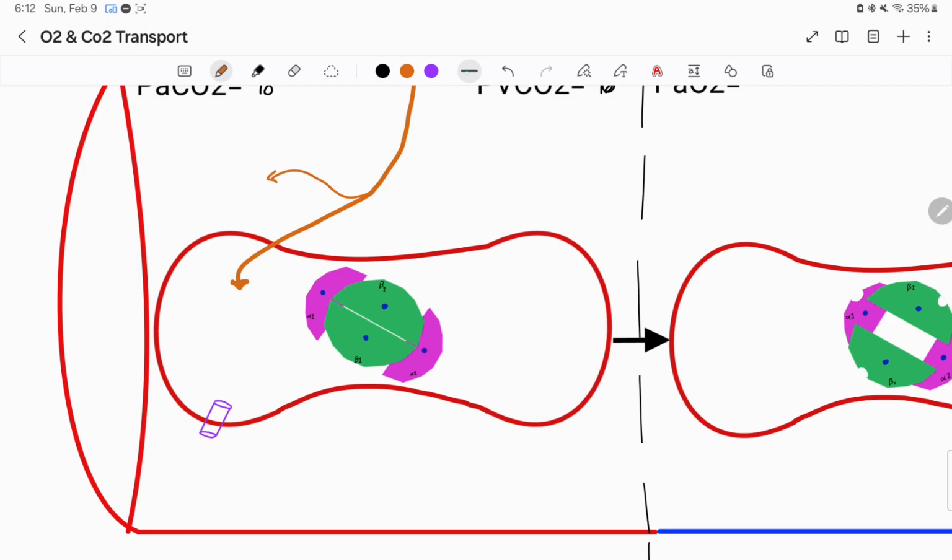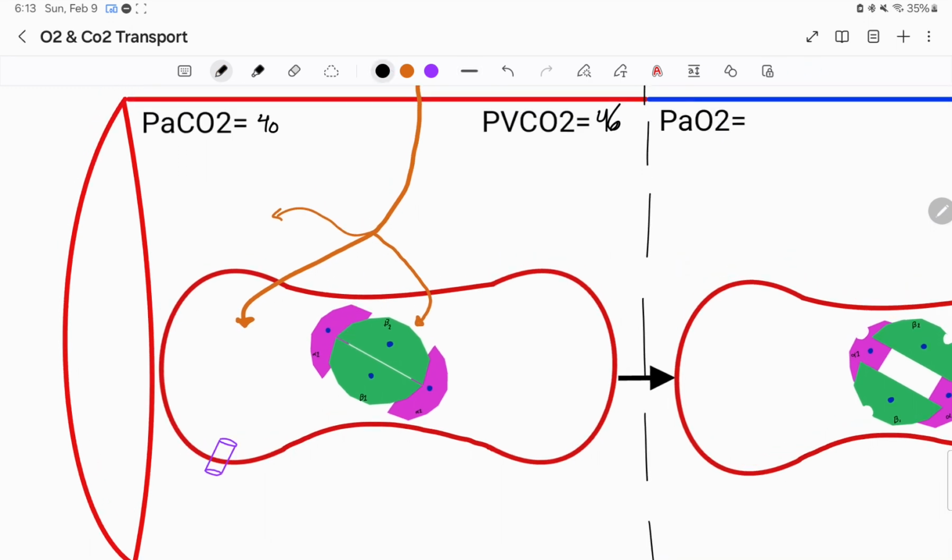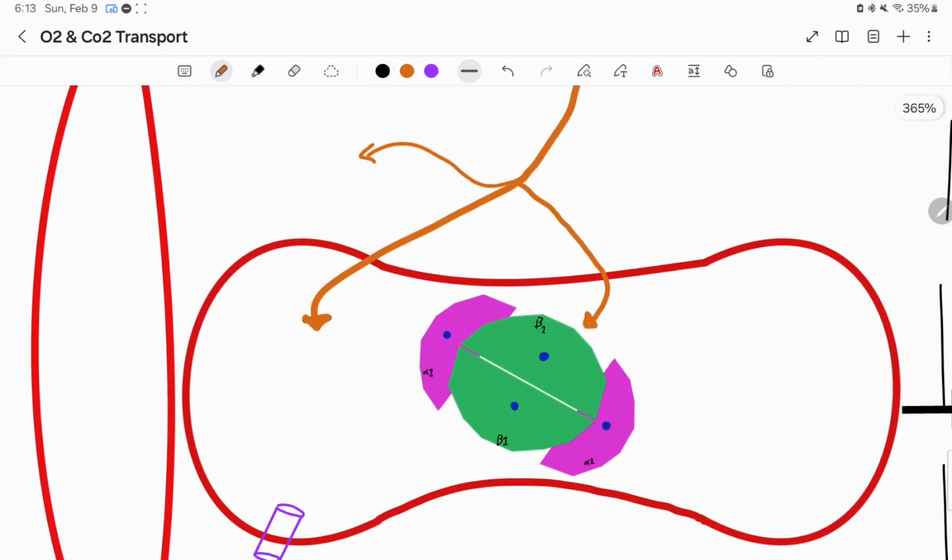So here, and a little bit thicker here, boom. Let's do it like this. Okay, so we got three lines here, three convergence points, which means what? Which means that CO2 is reacting in different places.